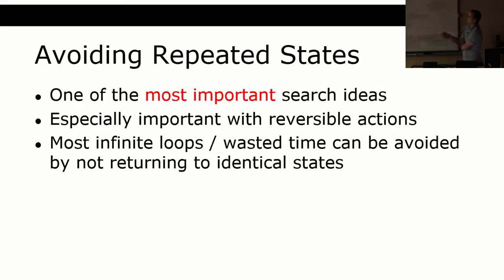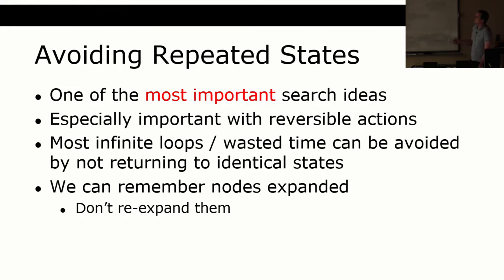So most infinite loops and wasted time can be avoided by simply not returning to states that we've been in before. If we think about the properties of our environment, would an optimal path ever visit the same state twice? If it has a non-zero positive action cost, revisiting that state would just add to the cost. So by definition, if we go back to the same state, we have a worse path. So this is the idea here.